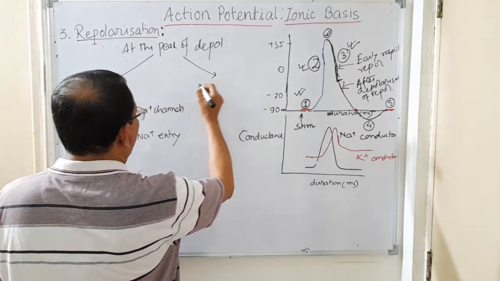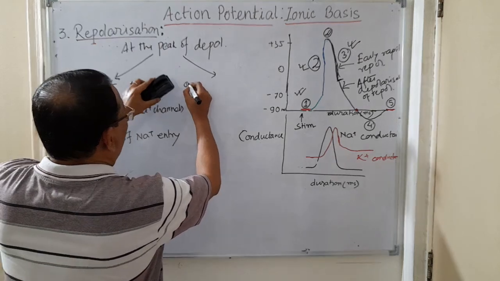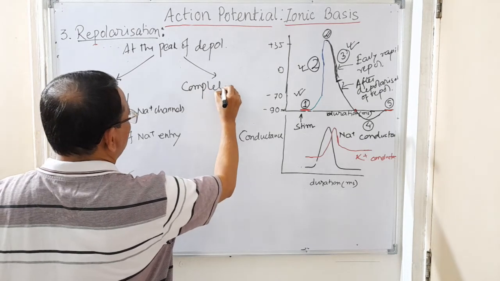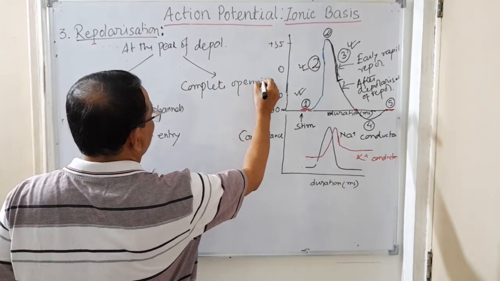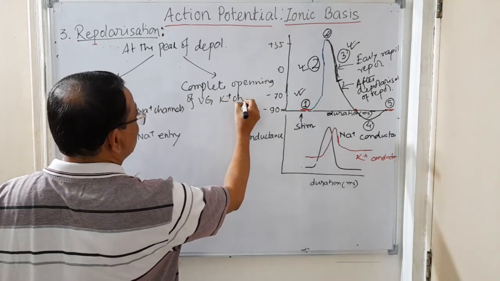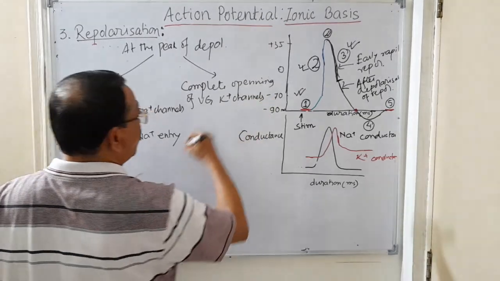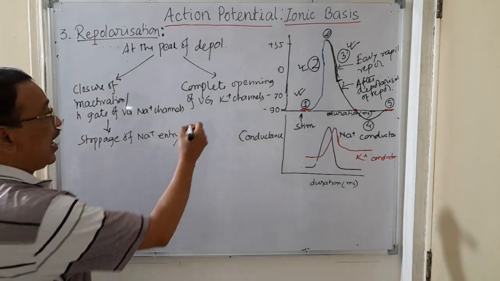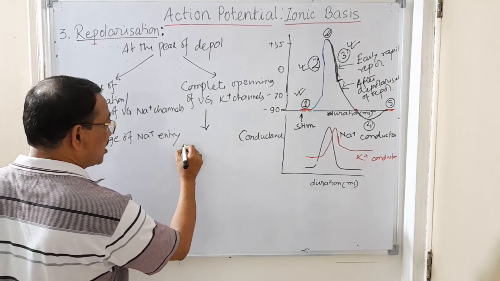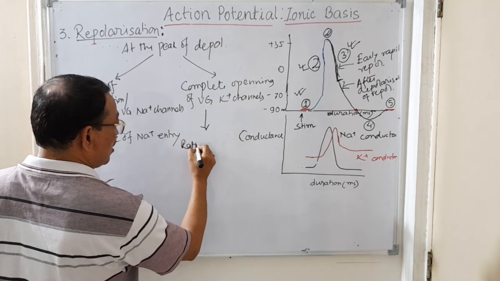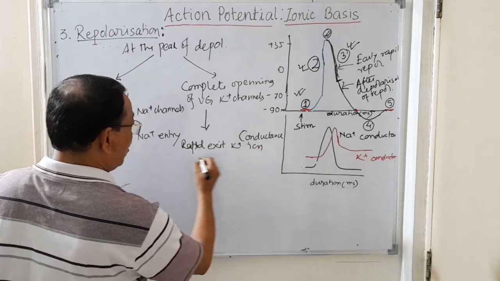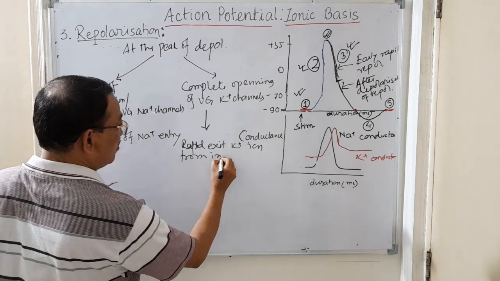What is that? There is a complete opening of the voltage gated potassium channels. As they completely open, what happens? Due to the concentration gradient, there is a rapid exit of potassium ion from inside.